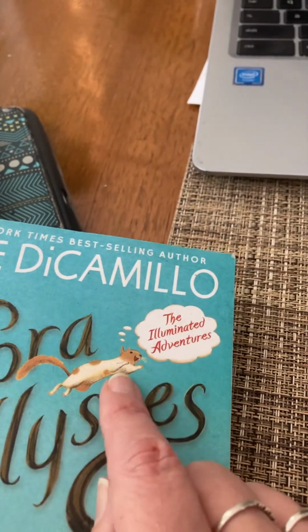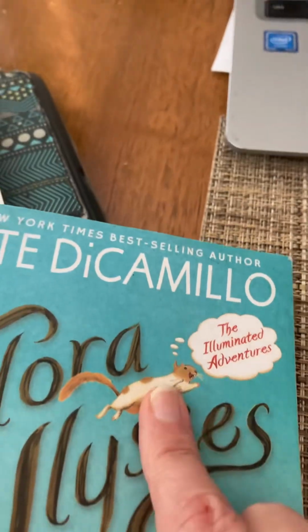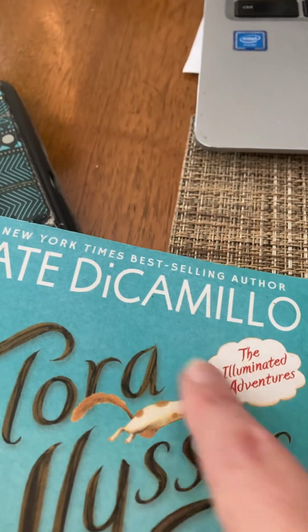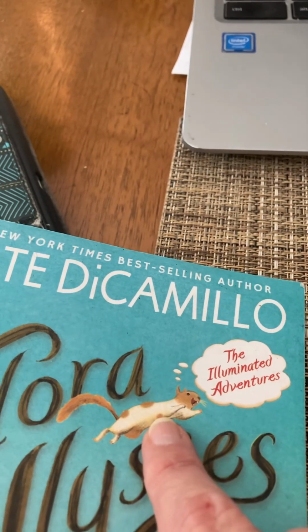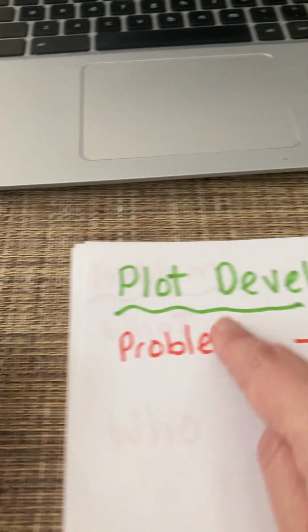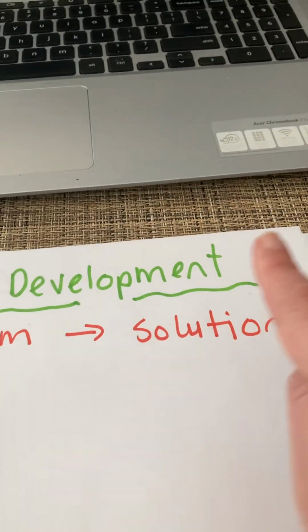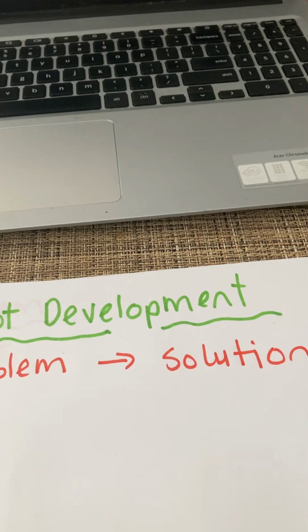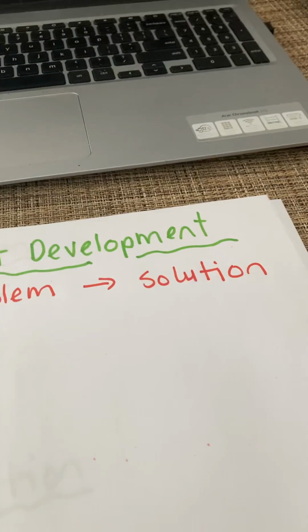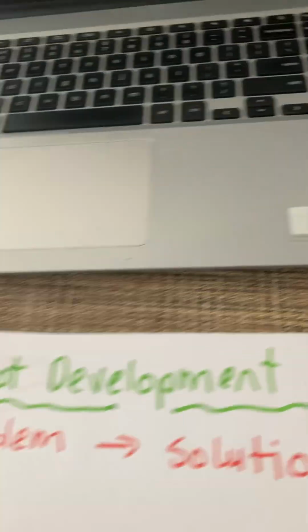Okay, but then see this little creature here? This little creature causes some other problems that work together to bring small solutions that ultimately are going to lead to a big solution. Or are they? Because I'm not telling you, because you aren't finished.